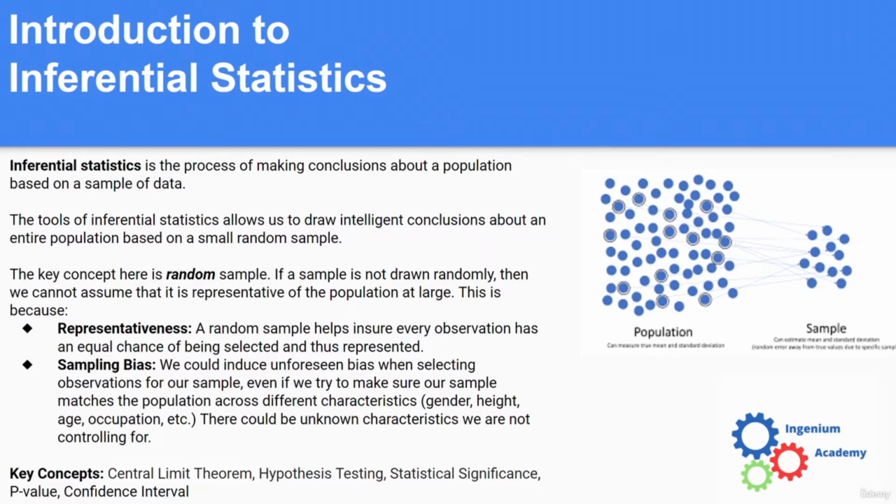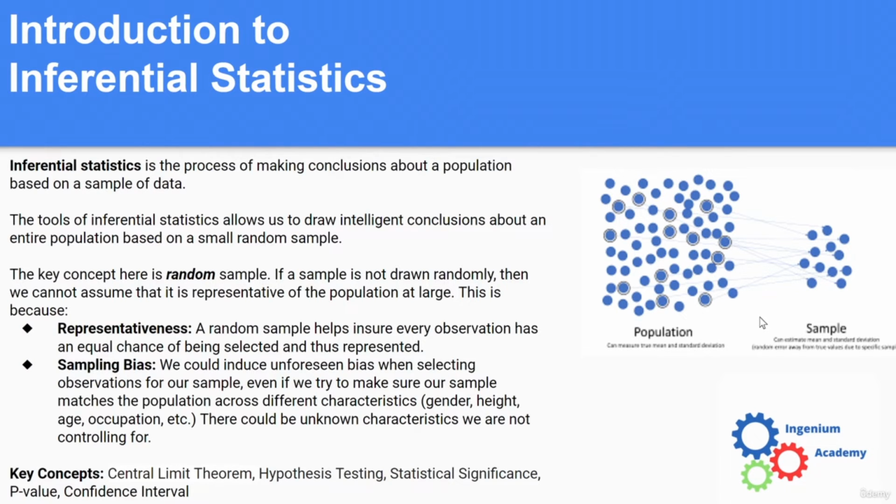We have this small random sample, like you see over here in this diagram, of observations, and we want to use the statistics that we compute, whether it's the mean, the median, the variance, etc., on this sample to be able to say something about all of these observations in the population. You can imagine that our sample could be really small compared to the population. So these methods are incredibly powerful.